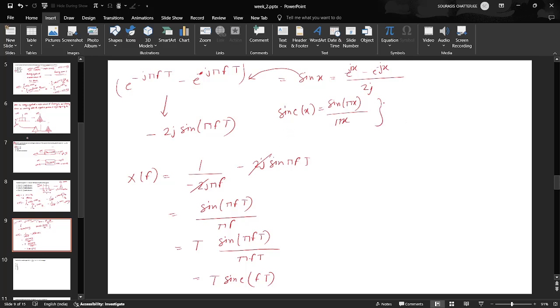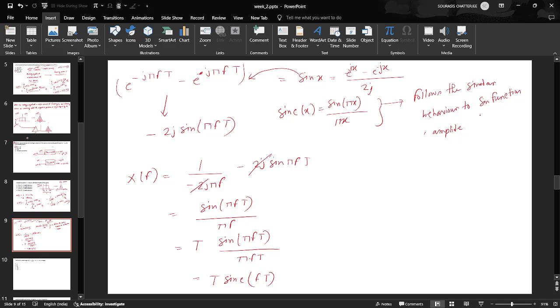And what are its characteristics? It follows similar behavior to the sine function. The only difference is its amplitude.